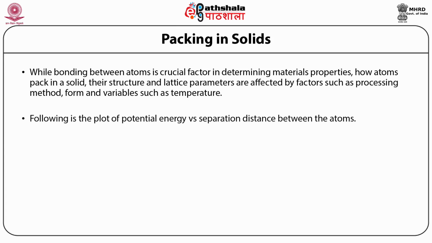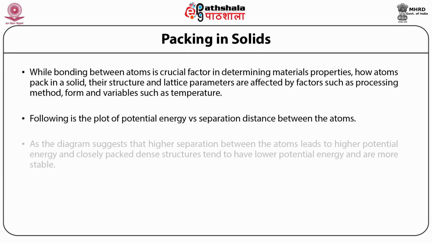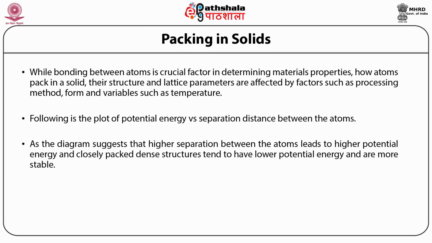The graph shows the plot of potential energy versus separation distance between the atoms. As the diagram suggests, higher separation between the atoms leads to higher potential energy, and closely packed dense structures tend to have lower potential energy and are more stable.